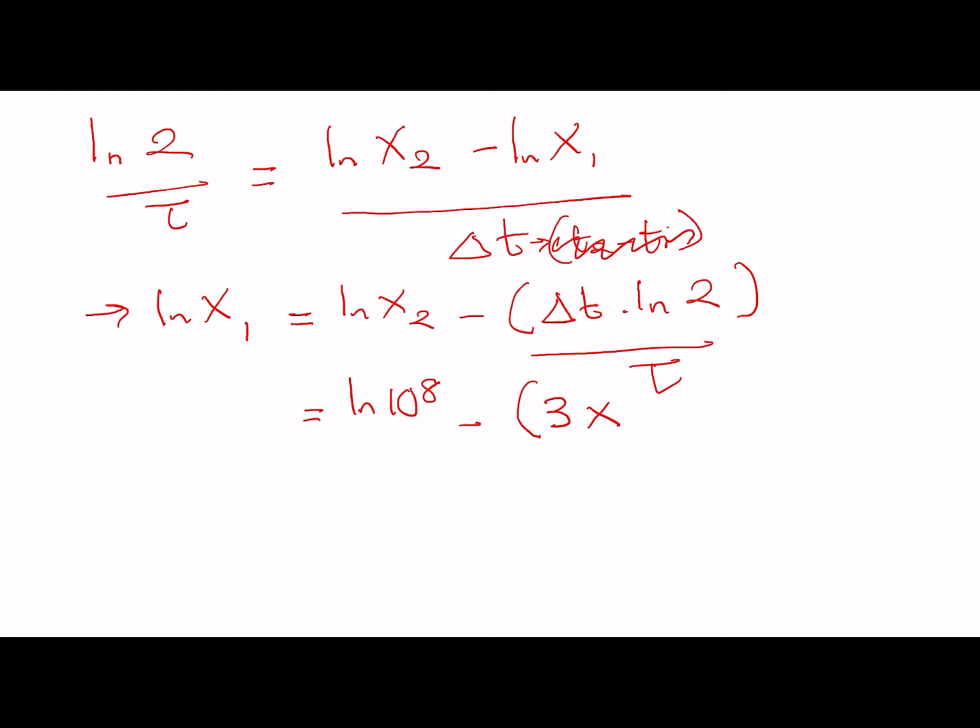Ln 2, if you punch that into your calculator, is 0.693, divided by tau. Remember, tau is 30 minutes, but you need to convert it to hour, 0.5. Always remember the consistency of your units. And secondly, everything that has to do with time in microbial kinetics, you need to convert it to hour.